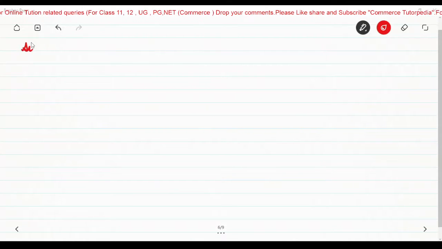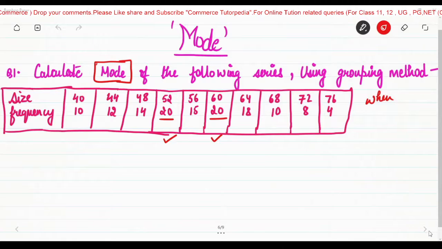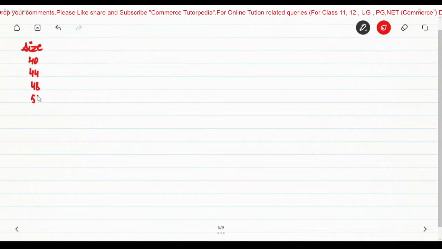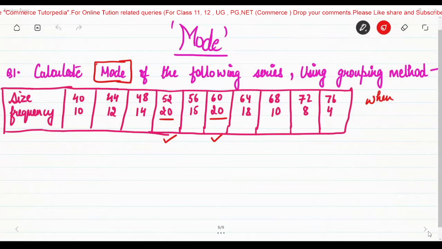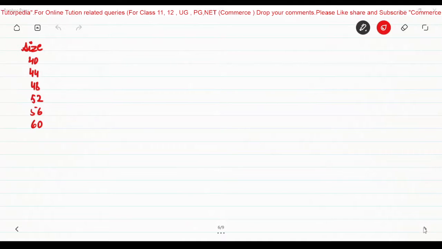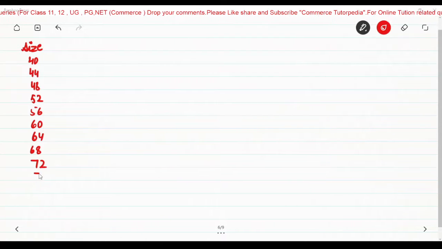We have been given sizes 40, 44, 48, then 52, 56, 60, then 64, 68, 72 and 76.